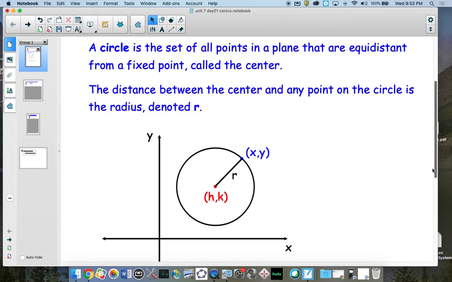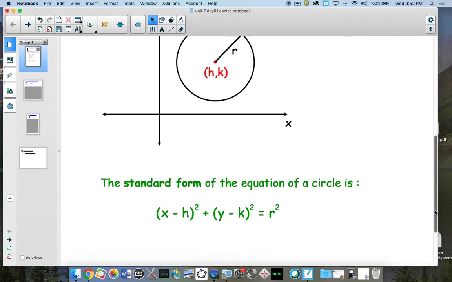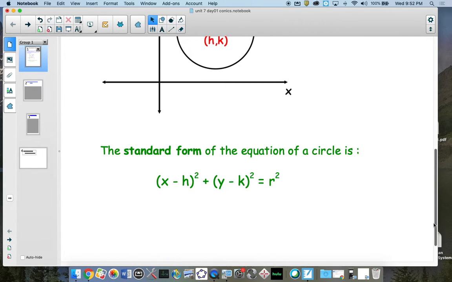That gives us the distance, which is r, will equal the square root of x minus h squared plus y minus k squared. Then if we square both sides to get rid of the square root, we get what we're familiar with, the standard form for the equation of a circle: the quantity x minus h squared plus the quantity y minus k squared equals r squared.